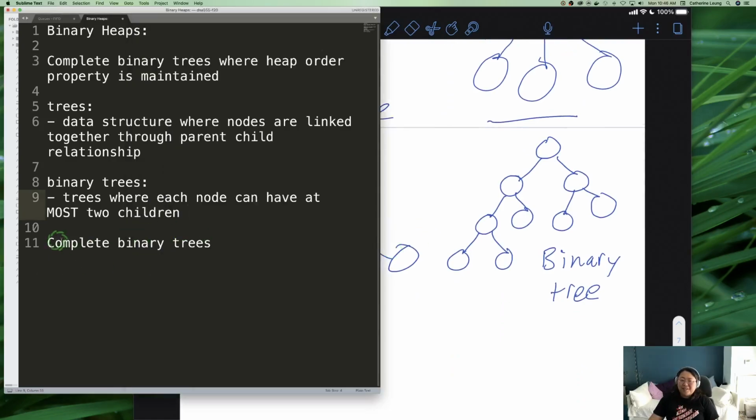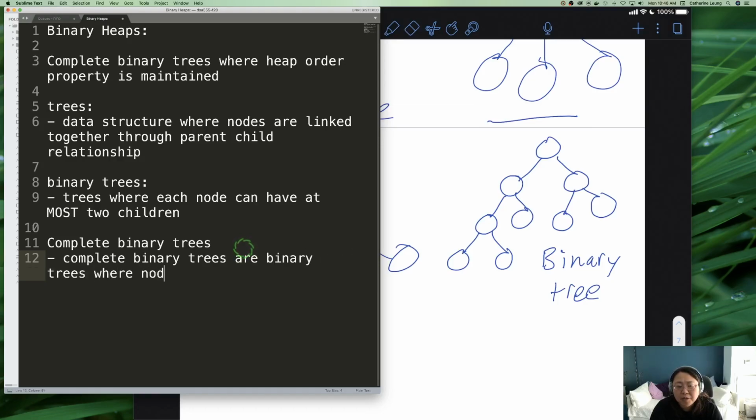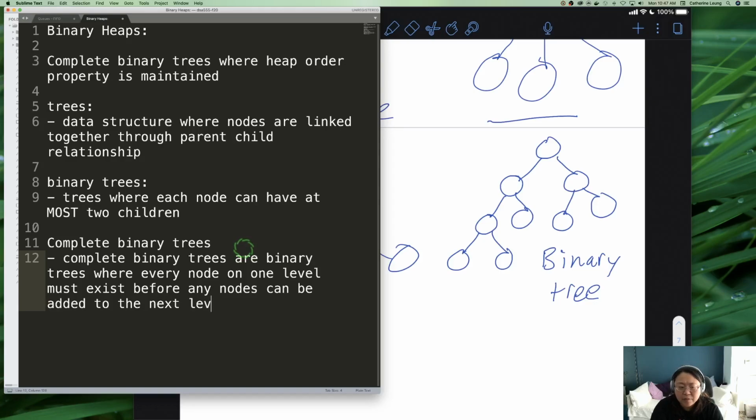One last word, complete. Complete binary trees are binary trees where every node on one level must exist before any nodes can be added to the next level.